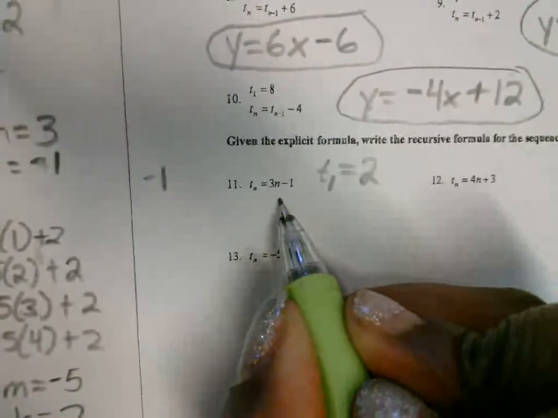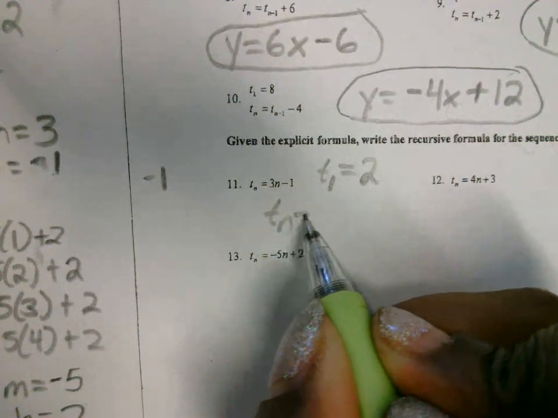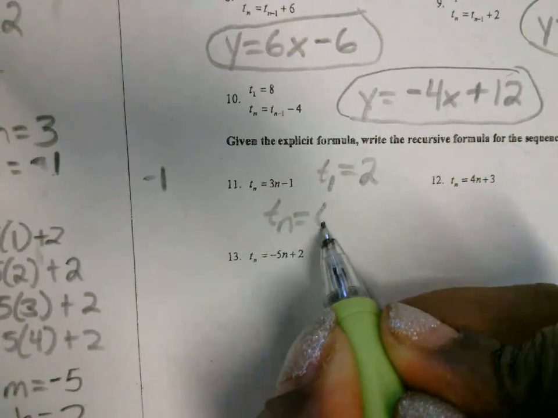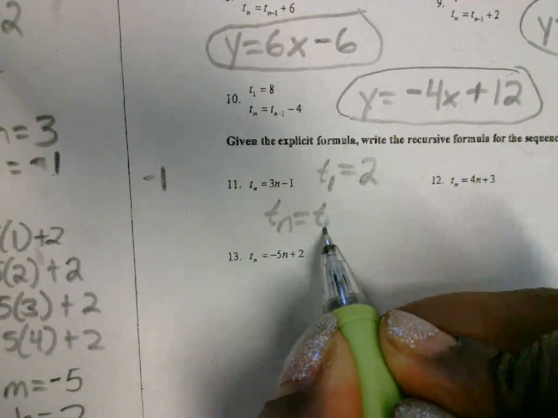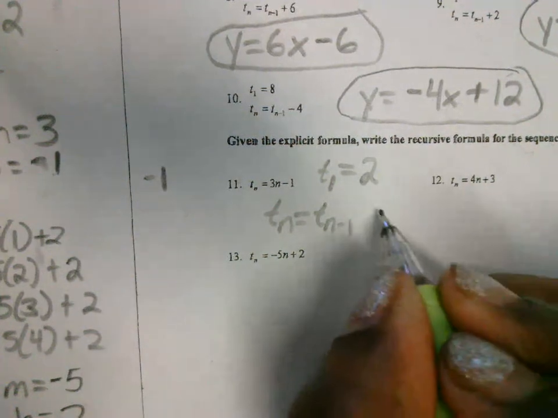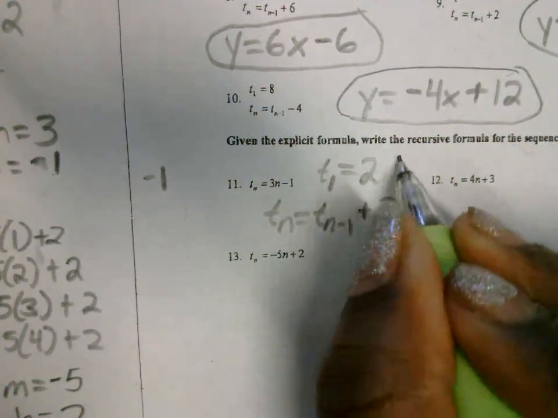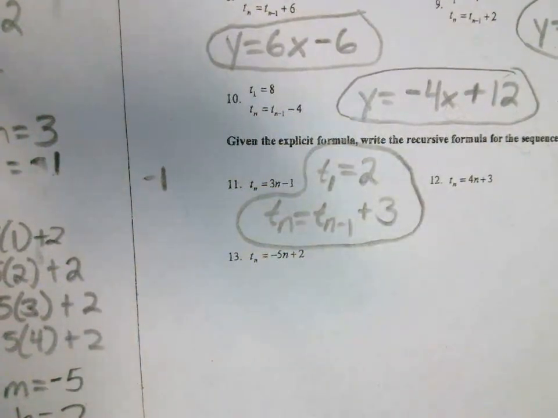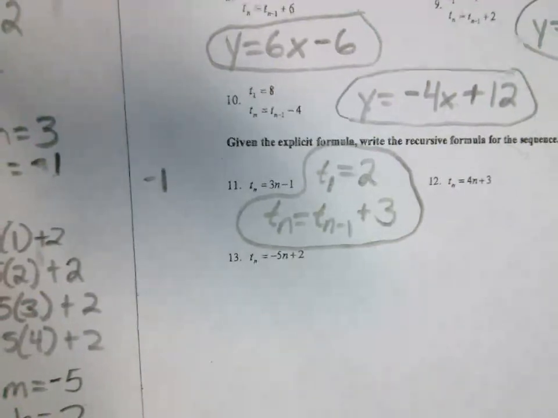So now you write it as T sub n is equal to what? Come on. T n minus 1. What are you doing every single time? Plus 3. We're just working backwards.